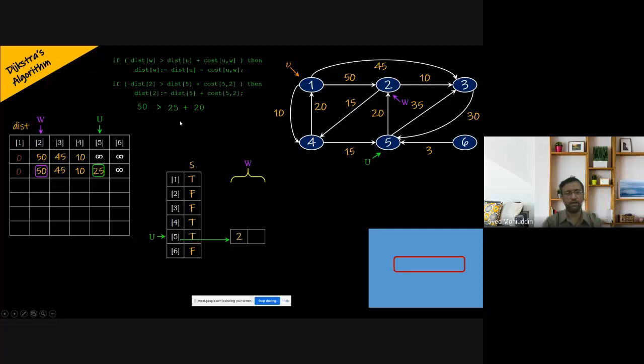So 50 greater than 45 is true. So we update the distance of vertex 2, and now vertex 2 will have the distance 45 instead of 50.